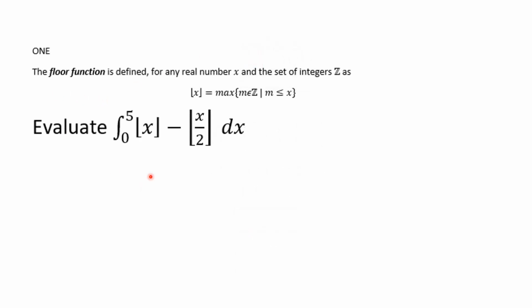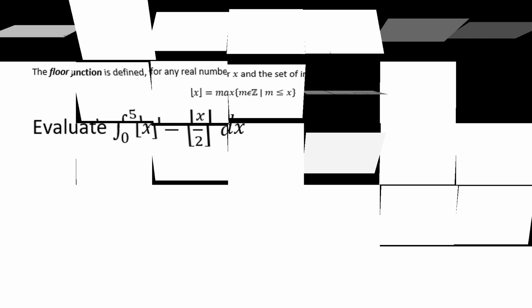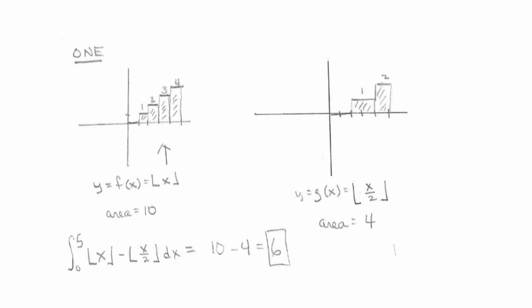Problem number one introduced the floor function defined up here, and I ask you to evaluate this integral. It's a definite integral, so your answer will be a number. So you use Riemann sums, add up the numbers and take the difference, and the answer should be 6.